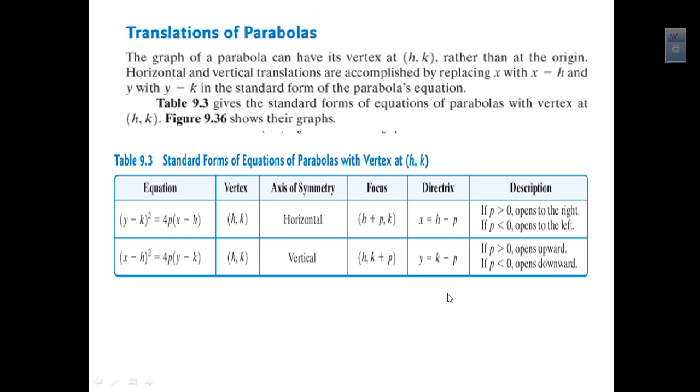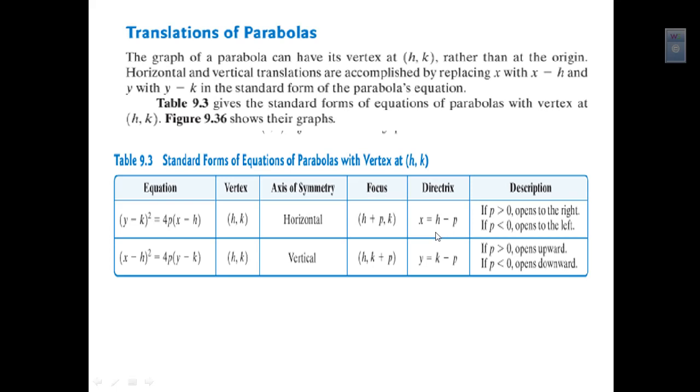Now, translations are going to occur when the vertex moves from the origin. And this is all you're doing. As we have always done on all these conics, nothing changes with the figure except for where we start from.